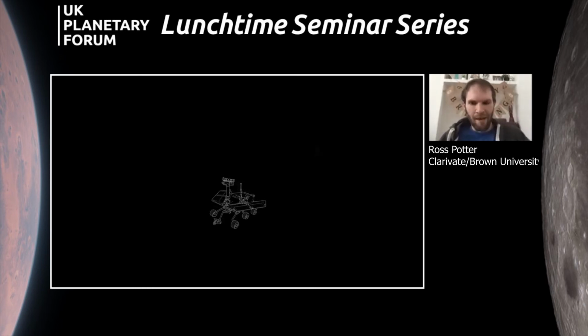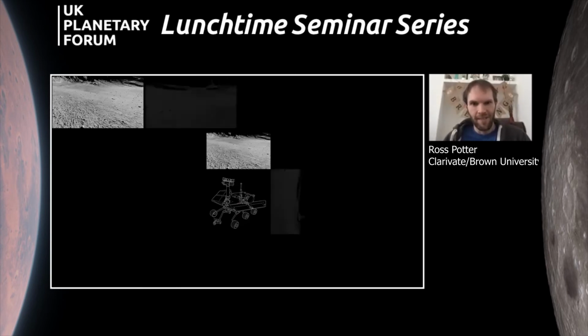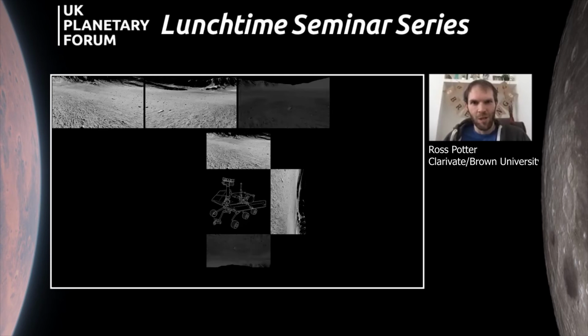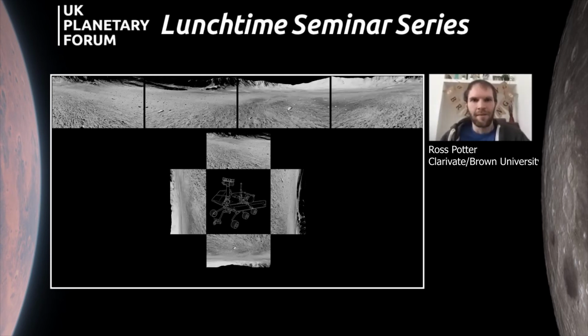So how did we go about using these surface and satellite images? Well, first of all, we have to pretend that we're a rover on our virtual moon surface. We want to know where we are. So we might take a picture straight in front of us, to the right of us, behind us, and to the left of us. So we now have a 360-degree view of the surface around us.